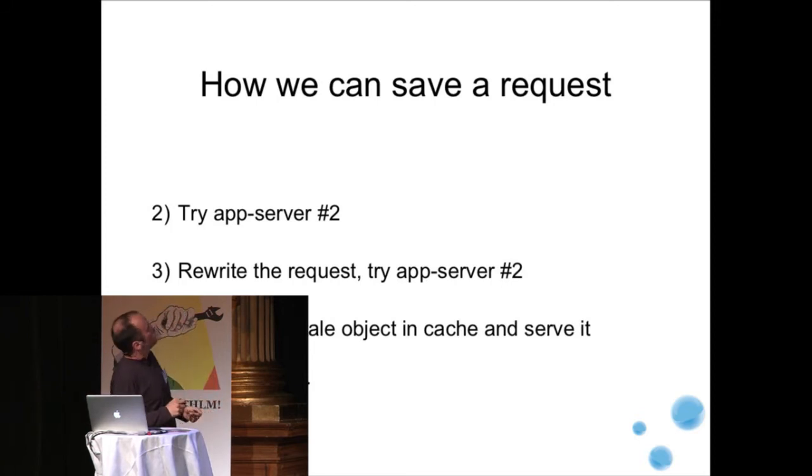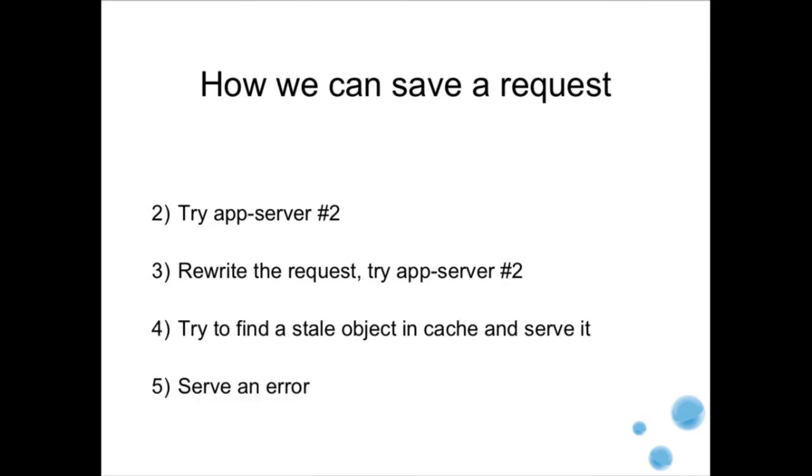So then we rewrite the request. We add try harder equals 1 to the request, and then we send it to another app server. And if that fails as well, we try to find some old content in the cache that matches the URL. Serving old content isn't perfect, but it's way better than serving error messages or stack traces. If that fails, we can serve an error.